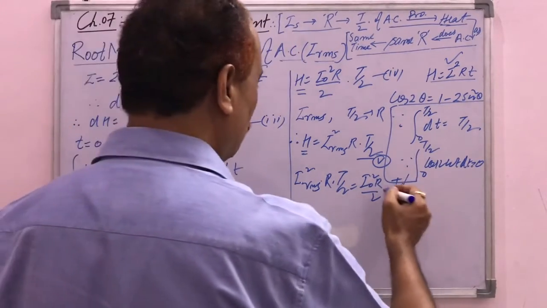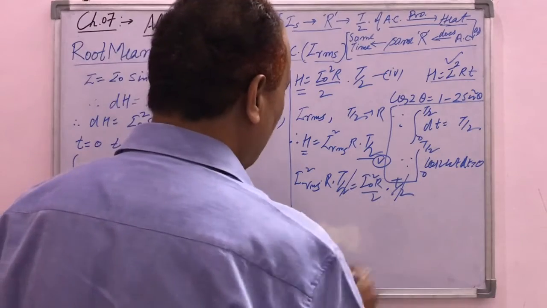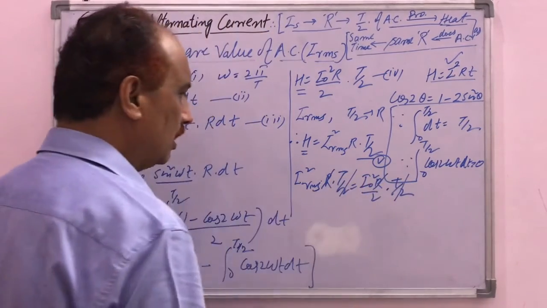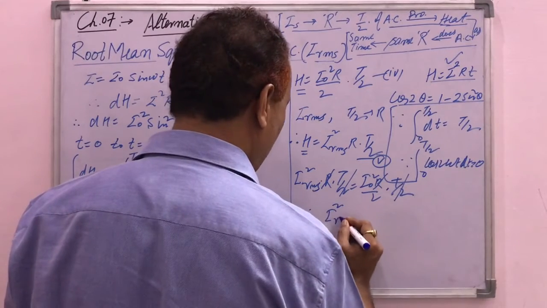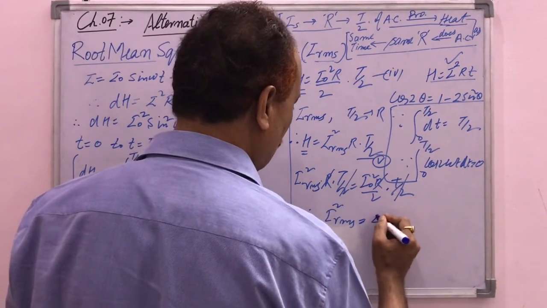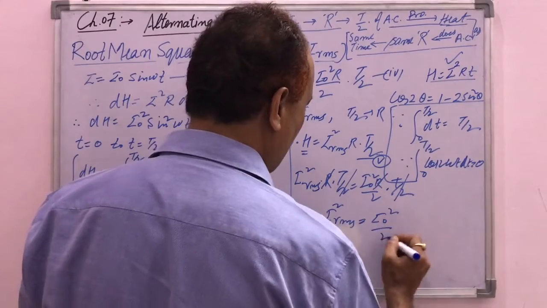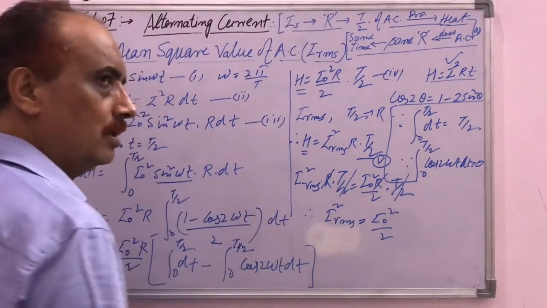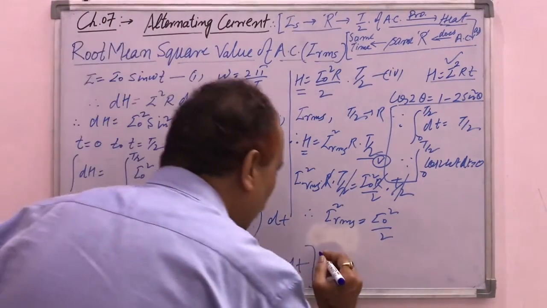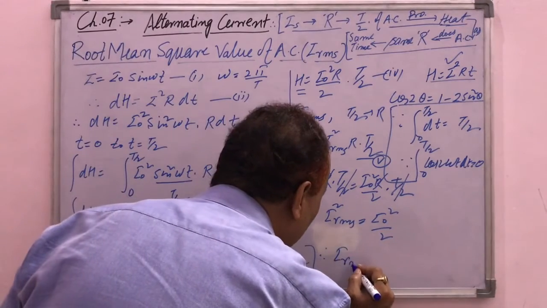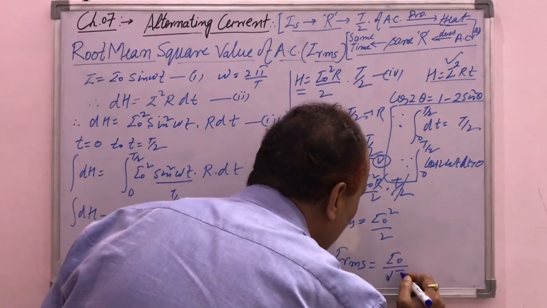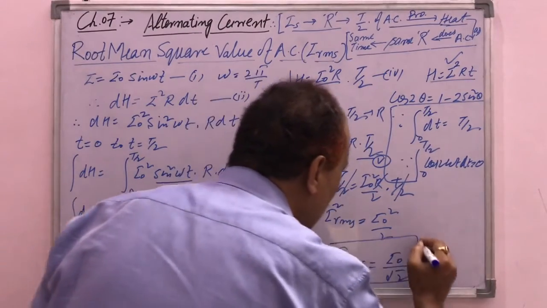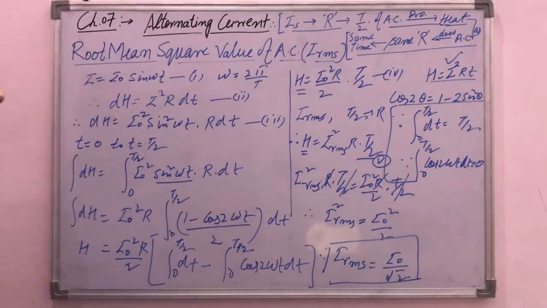Now T by 2 cancels with T by 2 and R cancels with R. So we get I square RMS equal to I naught square upon 2. Taking the square root on both sides, we get I RMS equal to I naught upon square root 2. This is the expression for the root mean square value of AC.